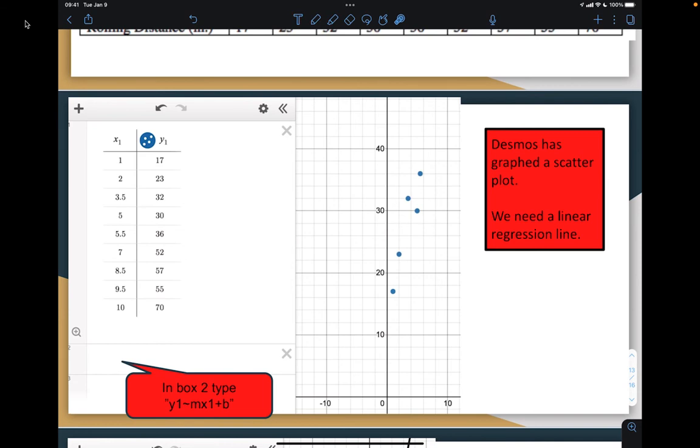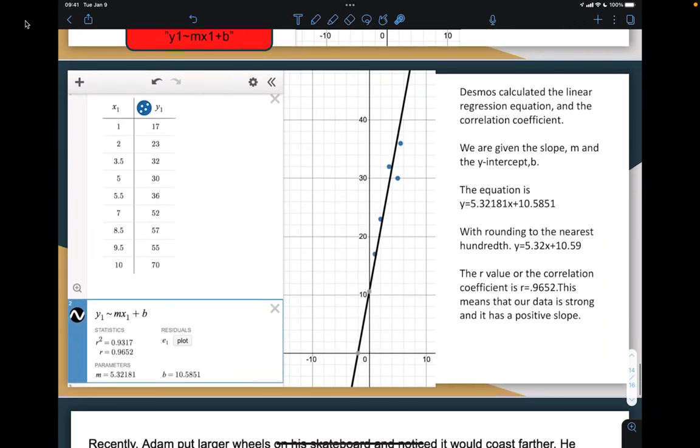Let's see what that looks like when we type that into Desmos. We have y sub 1, the squiggly as we put in, the slope m, x1 plus b. m and x1 refer to our data points.